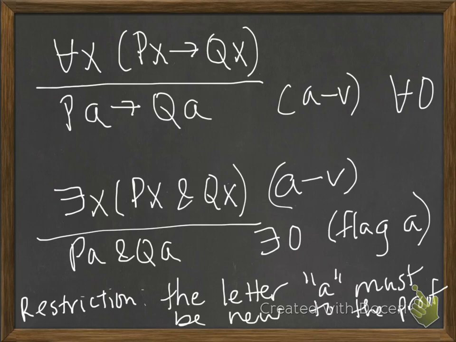It doesn't matter if it's in any line after it, but it can't be in any previously derived line. So I'm going to show why we need such a restriction by looking at a proof of an argument that's invalid, but which, if we didn't have that restriction, we would be able to prove that conclusion.